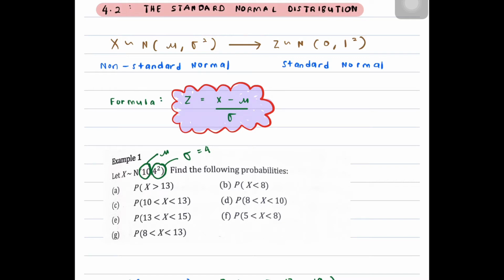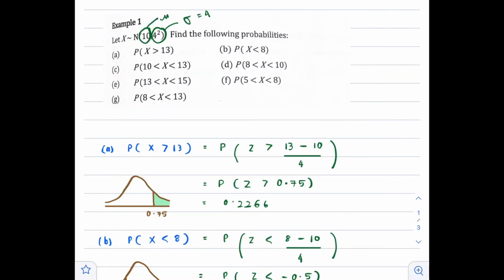So the first step, every time you solve a normal distribution question, always convert to the standard normal first. Why? Because your table only reads the standard value, the Z value. How can you convert? Just substitute into this formula. Z is more than 13 minus your mean, which is 10, over your standard deviation, which is 4.